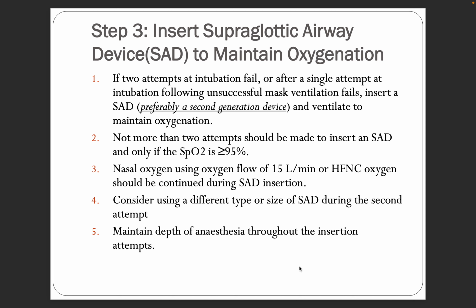Not more than 2 attempts should be made to insert a SAD, and only if the saturation is more than or equal to 95%. Nasal oxygen using oxygen flow of around 15 liters per minute or HFNO should be continued during the SAD insertion. Consider using a different type or size of SAD during the second attempt and maintain the depth of anesthesia throughout the insertion attempts.